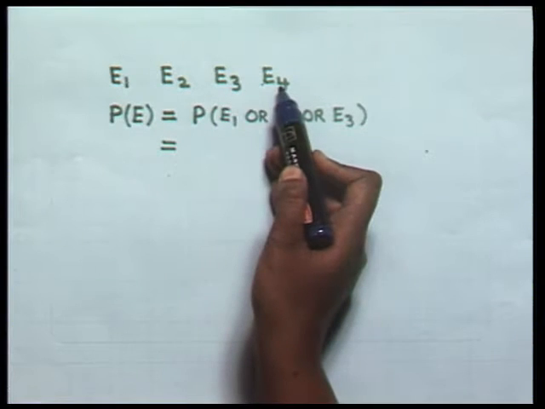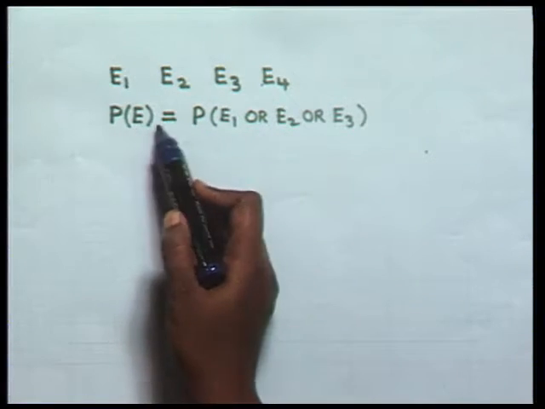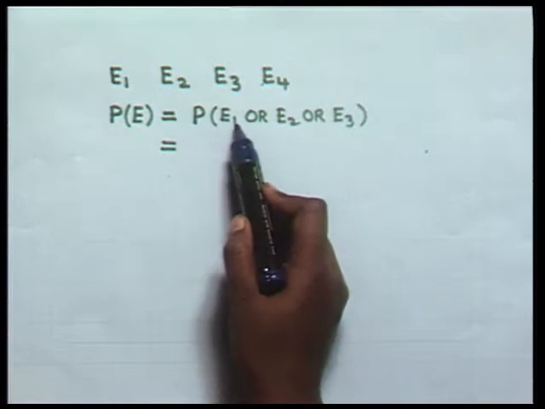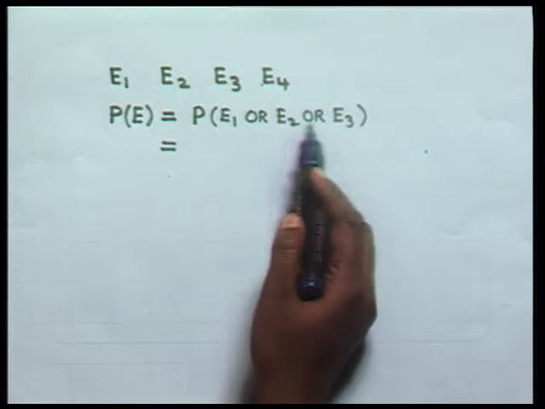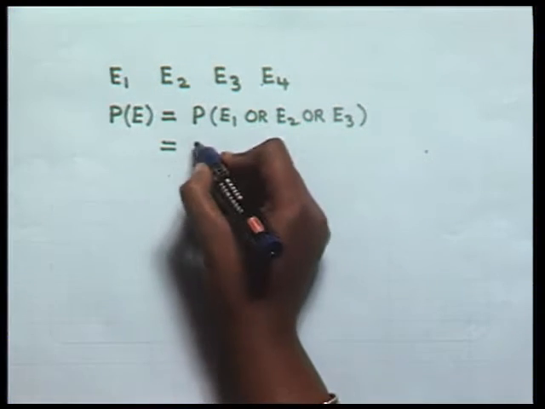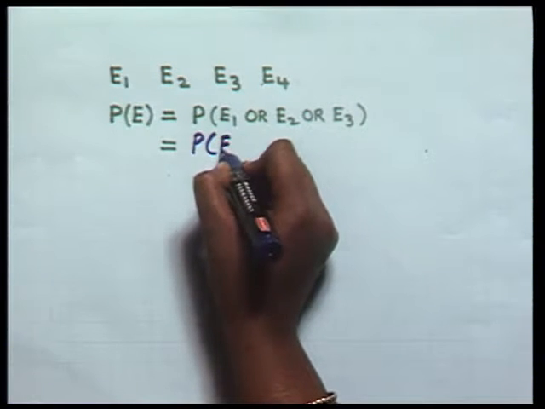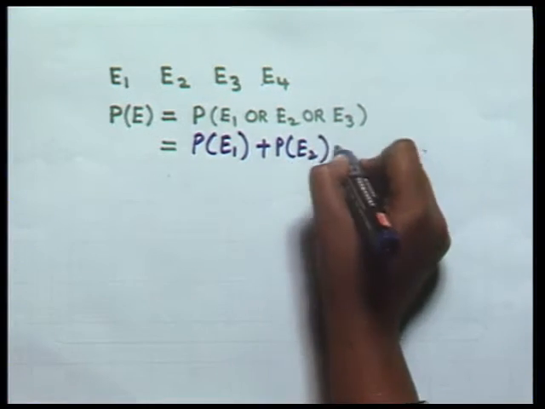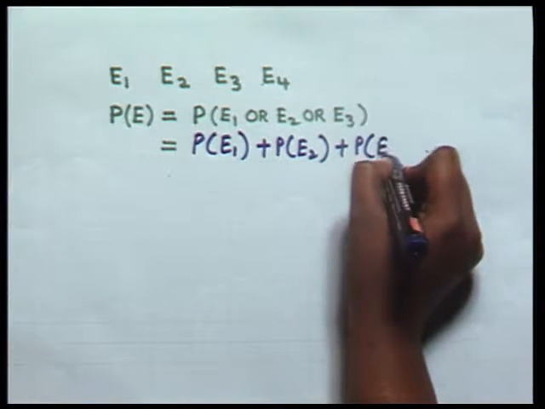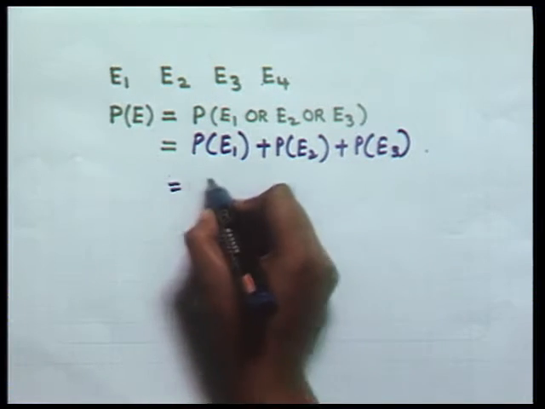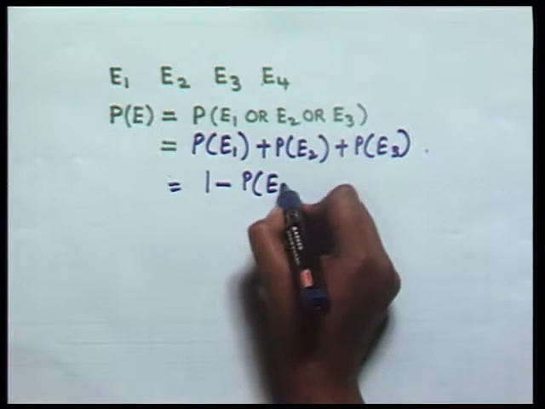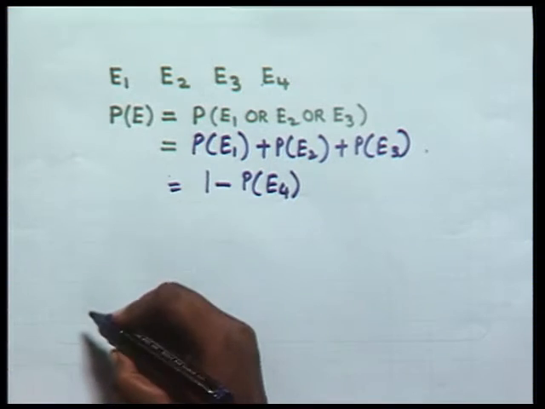and therefore, E1, E2, E3, E4 being mutually exclusive and exhaustive events, probability of E, as we have already said, is equal to probability of E1 or E2 or E3. So, this is equal to probability of E1 plus probability of E2 plus probability of E3, which is equal to 1 minus probability of E4, as we just did in the previous page.